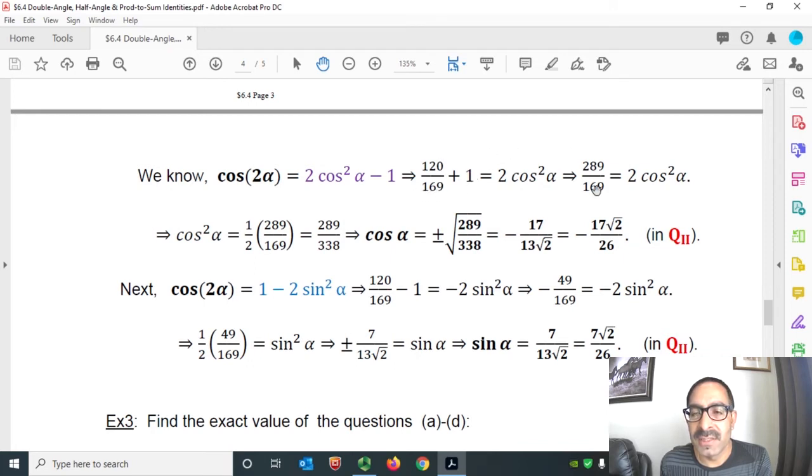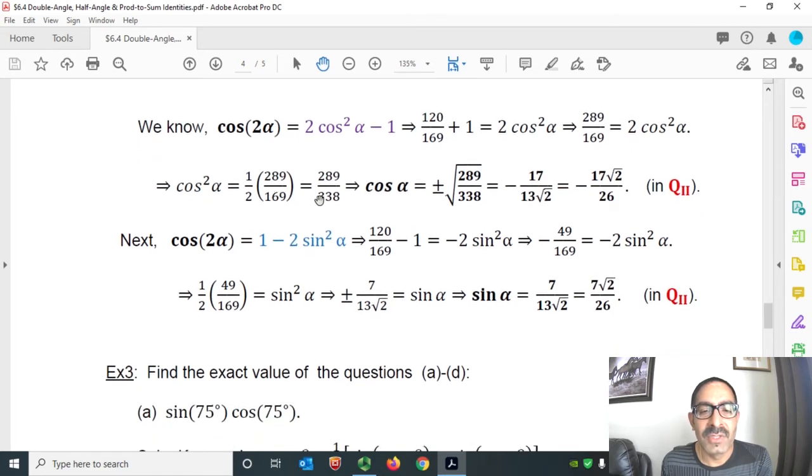I hope this computation makes sense to you all. Right hand side as it is, 2 times cosine square alpha. Then to find the value of cosine square alpha, divide by 2 both sides, which I did here, and simplify this number, and take the square root. Hence cosine alpha equals plus minus radical 289 over 338.